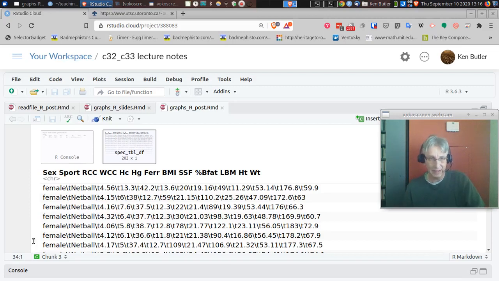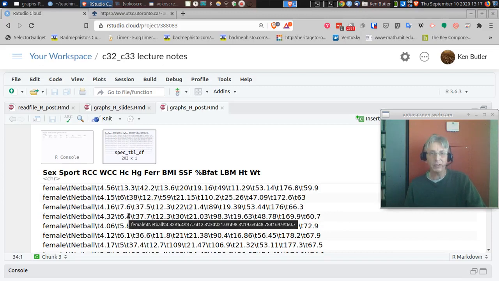The hint is in this \t, because between each of those values there is a \t, and \t is R's code for tab. So that's how we know read_tsv is the right thing to do.